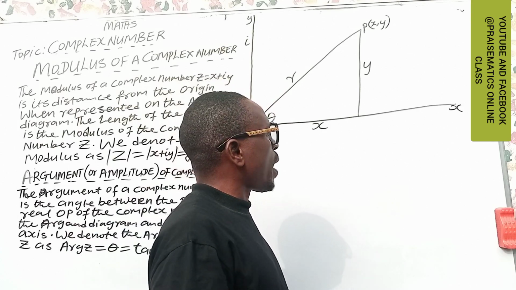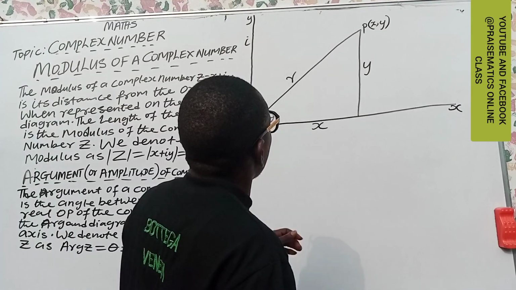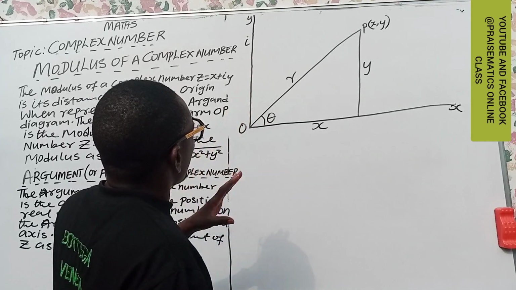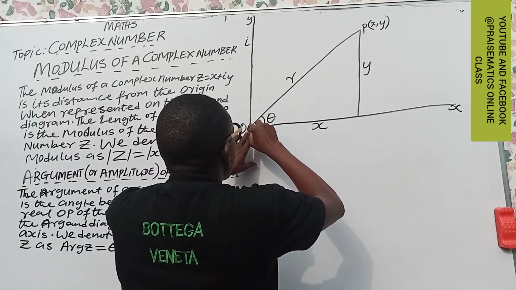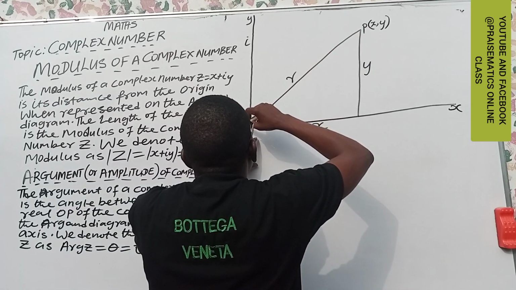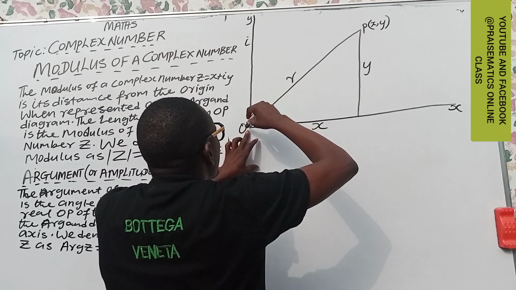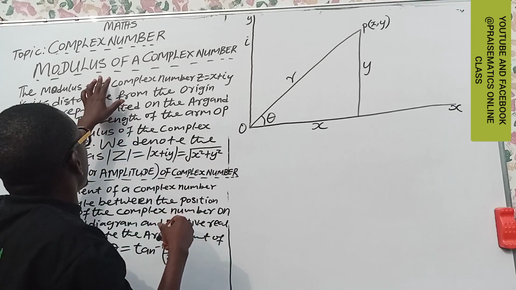Okay, now we are going to look at this diagram here. When you look at this diagram, the distance from 0 to P is known as the modulus.